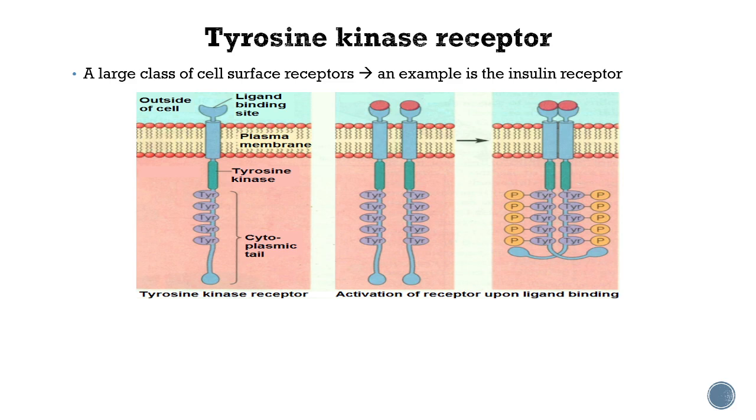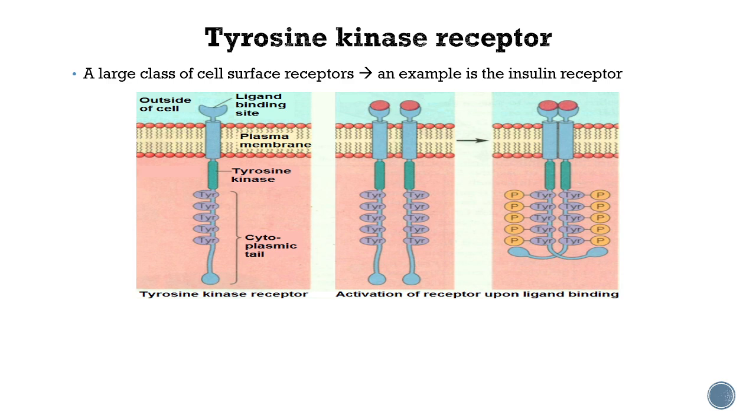So insulin binds to the insulin receptor, obviously. The insulin receptor is an example of a class of cell surface receptor known as receptor tyrosine kinase or tyrosine kinase receptor. Two names, but both are the same. There are many different receptors that are classified as tyrosine kinase receptors, one of which is the insulin receptor.